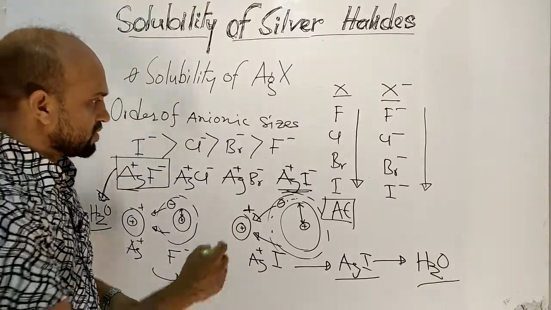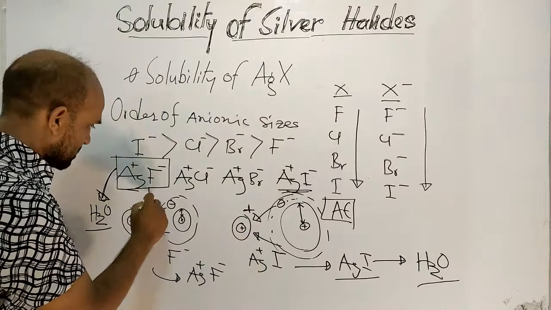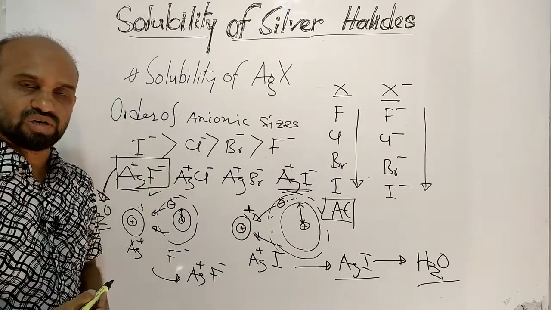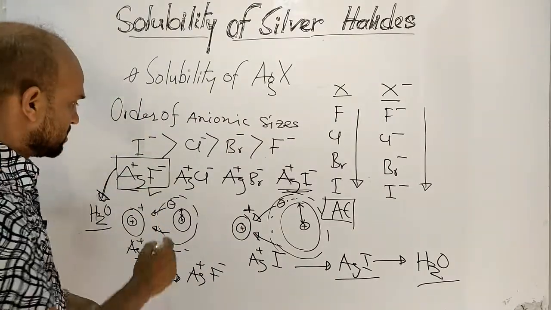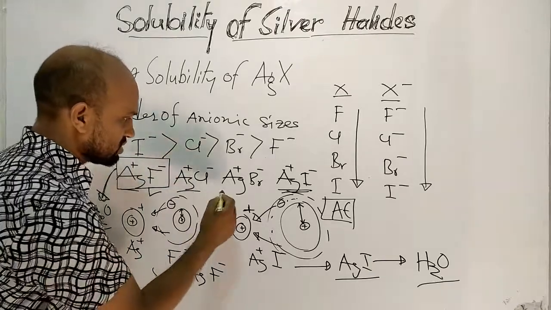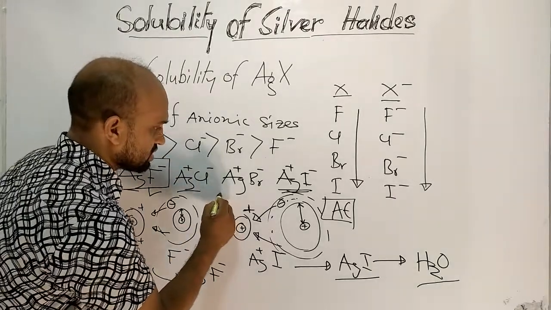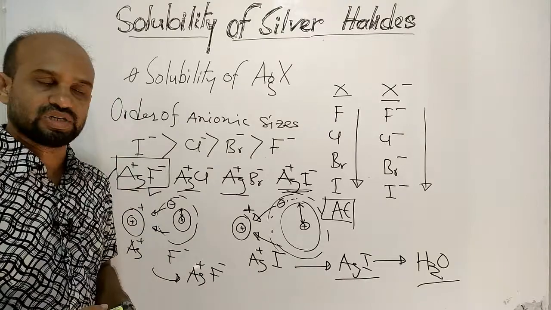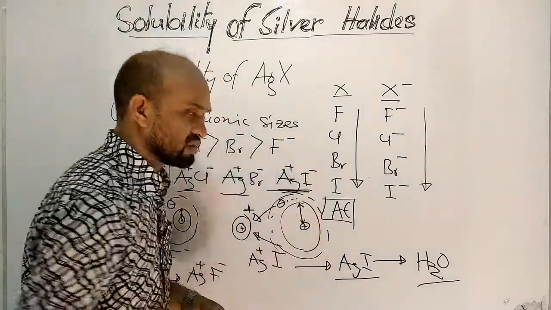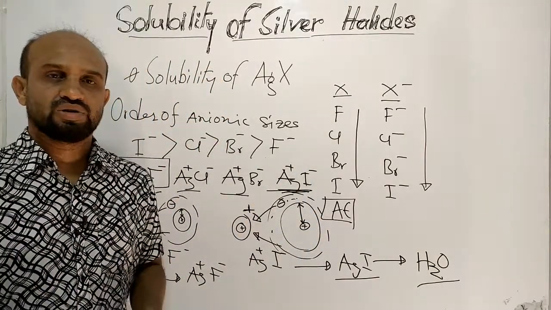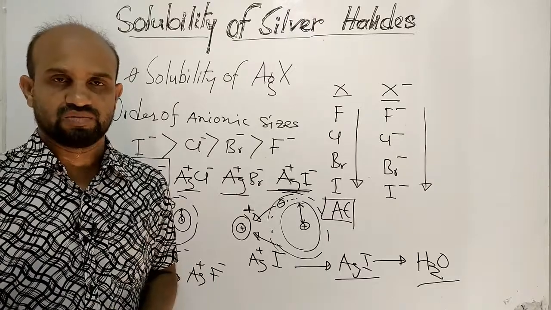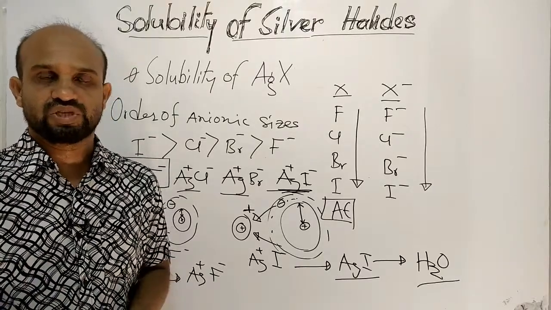That means it dissolves in water on a large scale, then it dissolves on a limited scale, then on a more limited scale, and it is almost not soluble in water. So this is the solubility of silver halides.